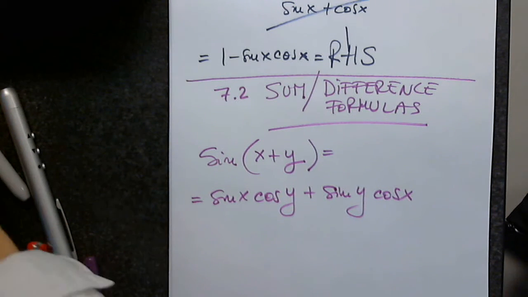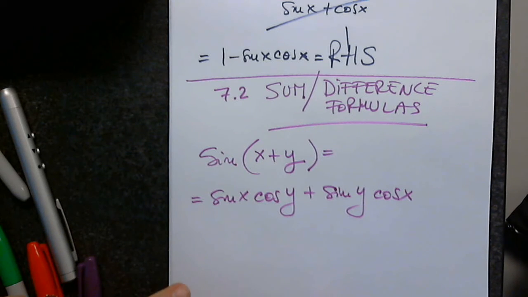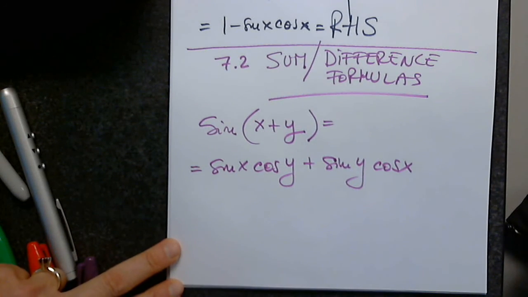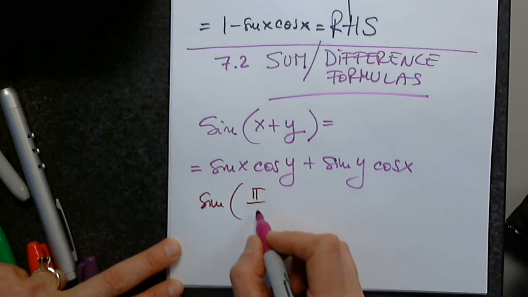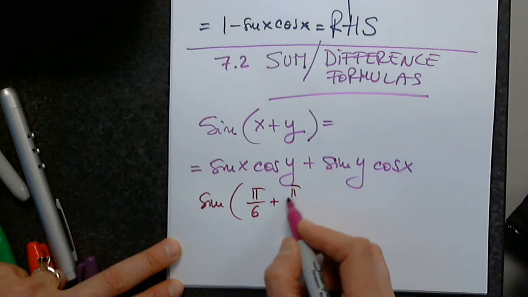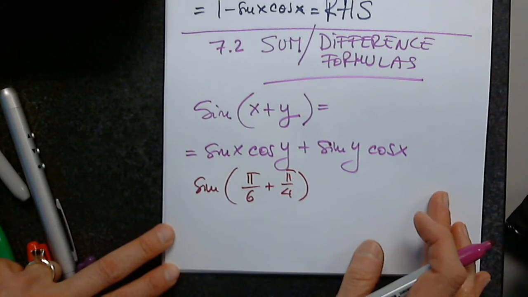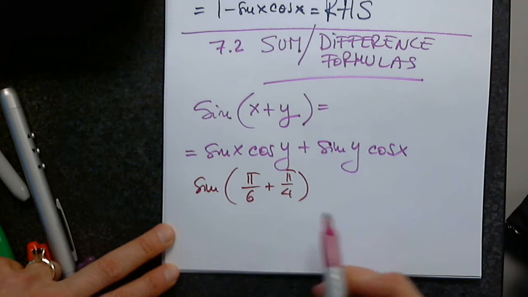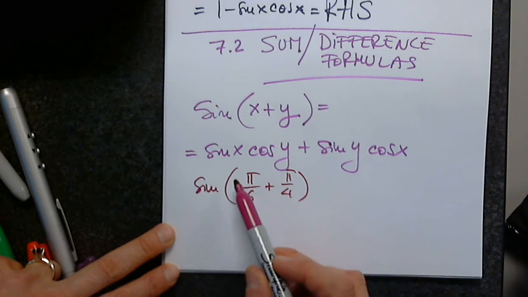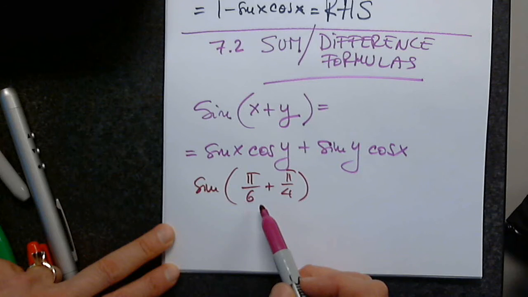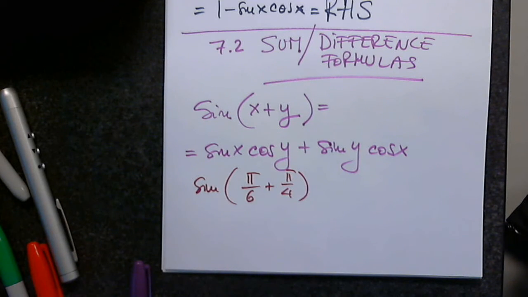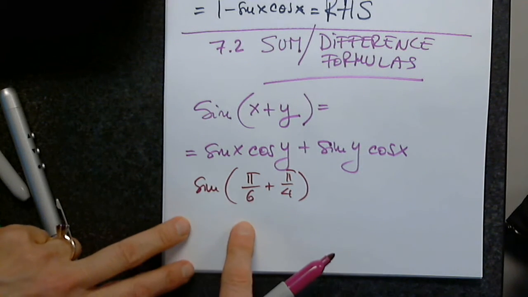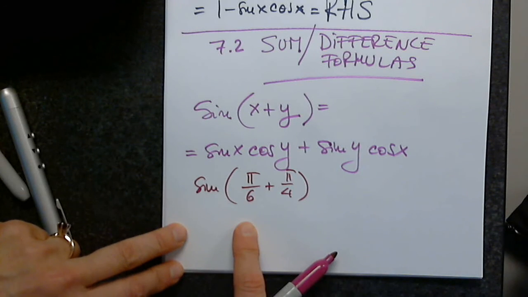So what am I saying here? As an example, I'm saying to you that if you want to determine sine, let's say, of pi over 6 plus pi over 4, and you don't want to calculate this, which if I do, the denominator will be 12, so then I have 2 plus 3, 7 pi over 12. I have no idea. But in this case, I will determine the exact number.